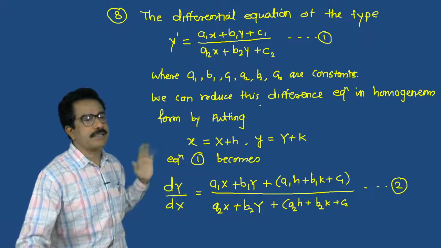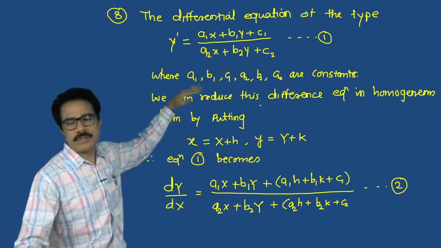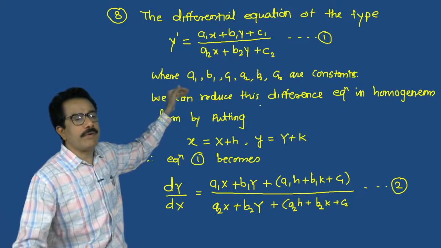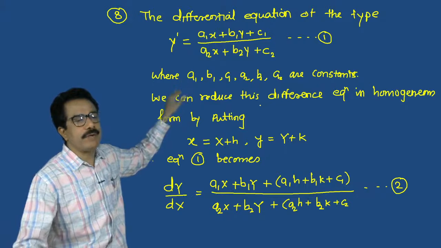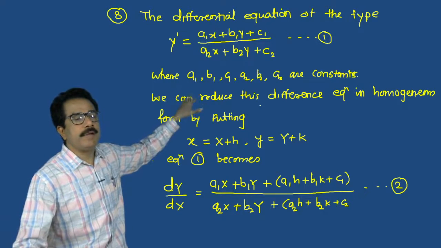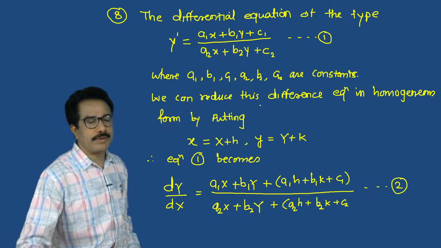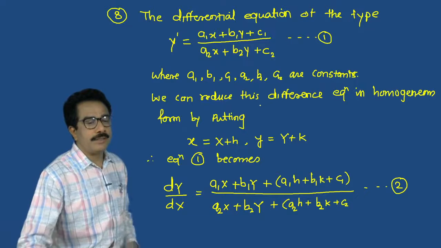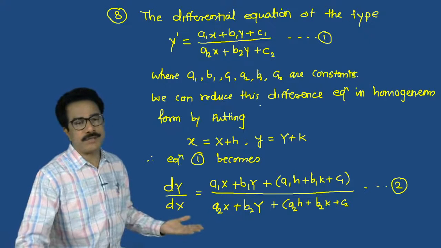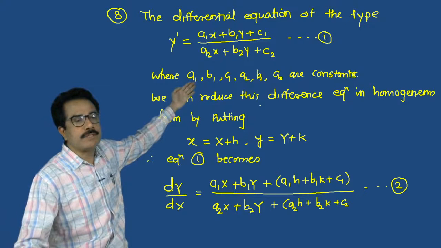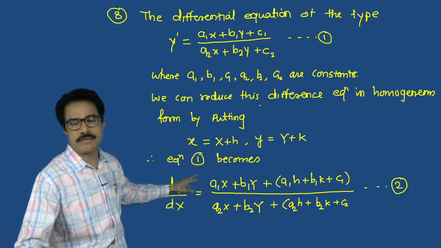Also in the last lecture we have seen the first order first degree differential equation of the type y dash equals a1x plus b1y plus c1 divided by a2x plus b2y plus c2, where a1, b1, c1, a2, b2, c2 are constants. Such types of differential equation are also solved by converting to a homogeneous differential equation.